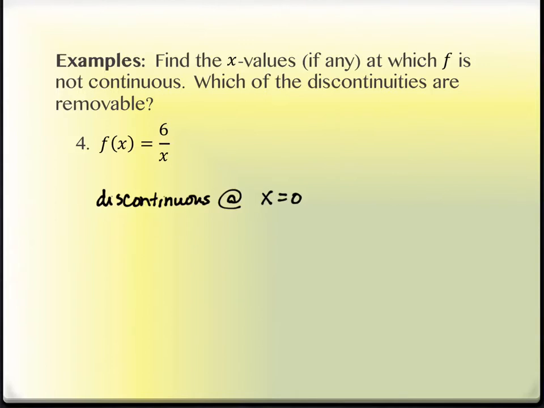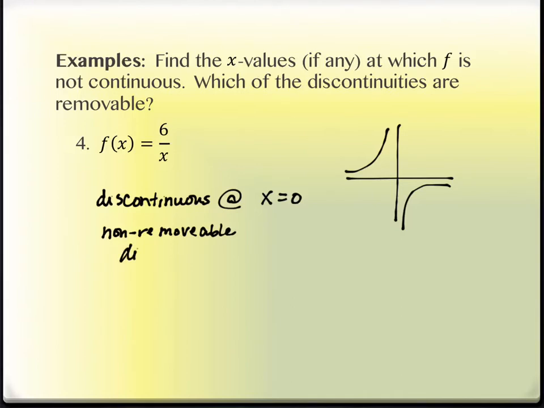It's an asymptote. And if you aren't sure on this function or some other function, you can always graph it, right? So the basic graph of this function looks something like this. It has an asymptote at the y-axis. So that makes this discontinuity non-removable, right? So this is a non-removable discontinuity.